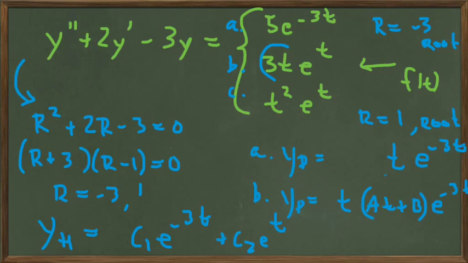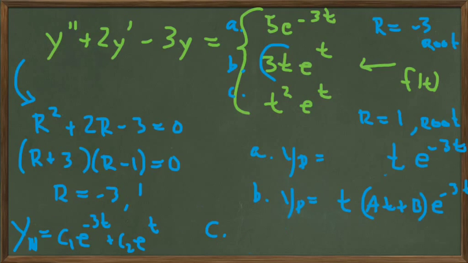And then the third case, the yp would also have the e to the t part. Because of this t squared part, it needs an at squared plus bt plus c, a polynomial of degree 2, and because e to the t is already a root, it needs a t to the first part here.